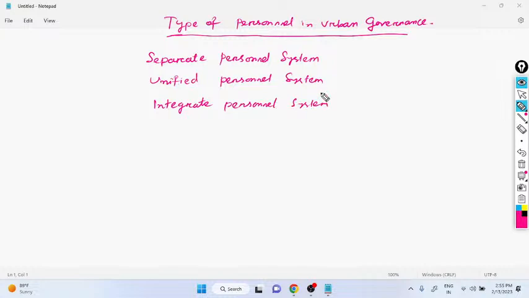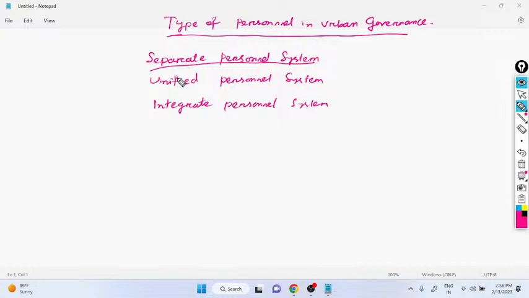So what is the separate personnel system? In the separate personnel system, you will find that persons engaged in municipalities are separately appointed by the municipal authorities, and hence they are called separate.